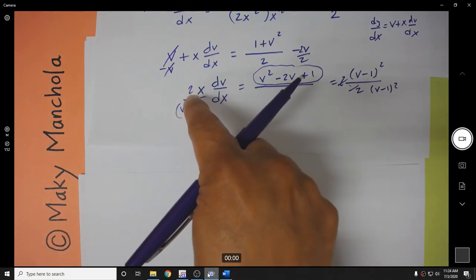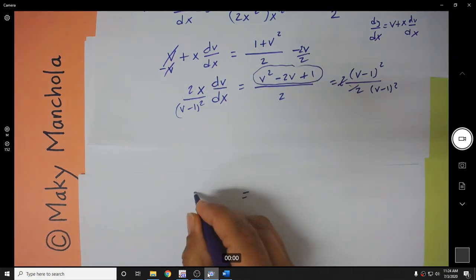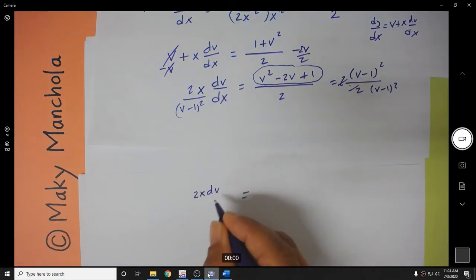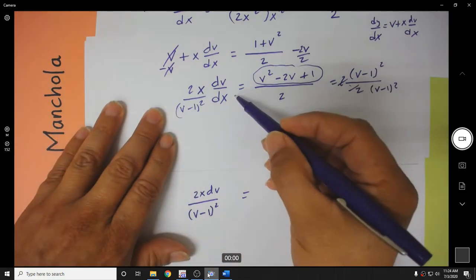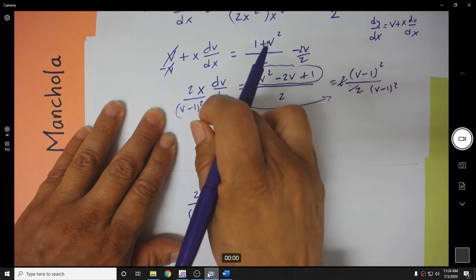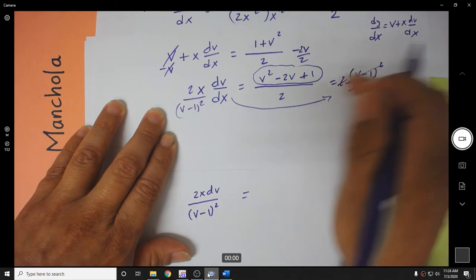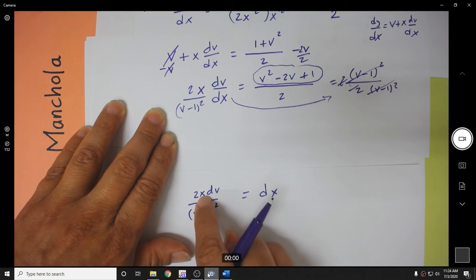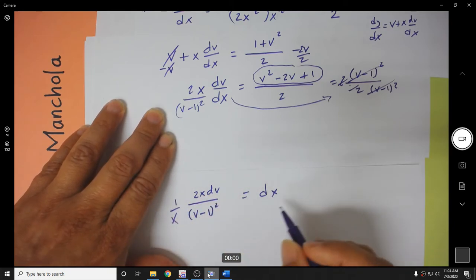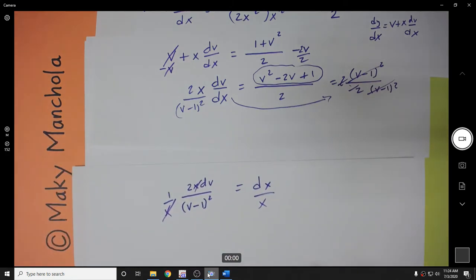We get 2x dv over (v minus 1) squared. Let's also cross multiply dx. On the right side we have 1, but when we cross multiply dx, we just get dx. The only thing we need to do is get rid of the x, so multiply by 1 over x on both sides. So cancel, cancel. The separation of variables is complete.